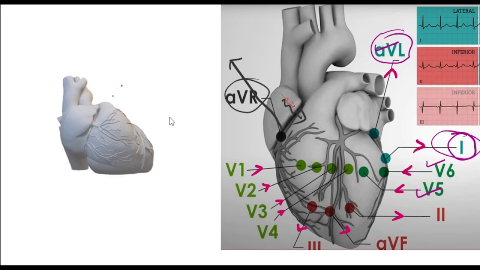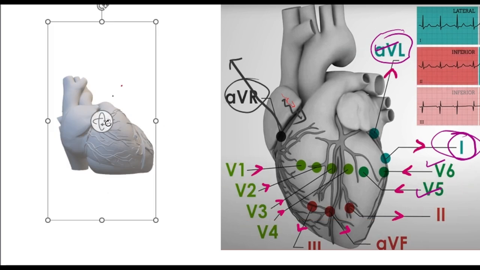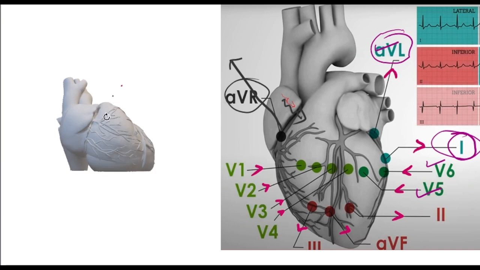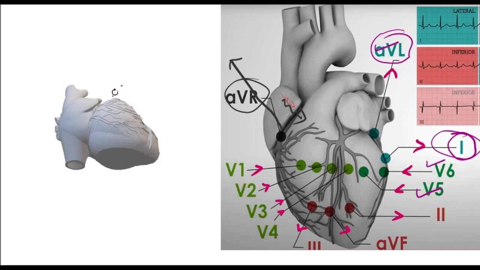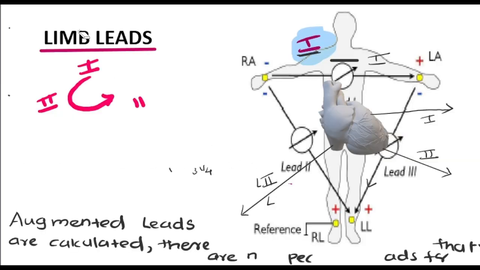Okay, we have the heart here. Now let me rotate this. All right. So now I will draw. See, this is what I taught you so far. Where is lead 1? Lead 1 is in this direction, lead 2 is this direction, this is lead 3.